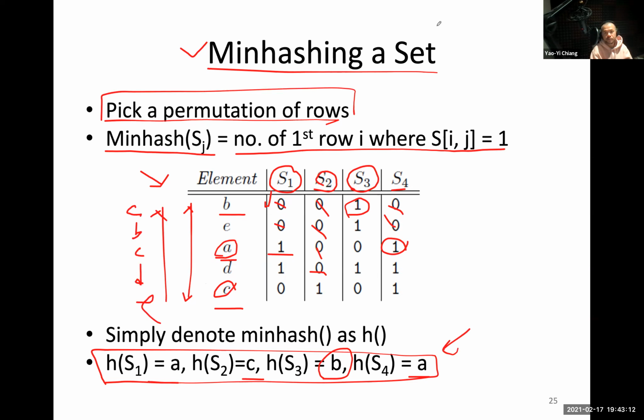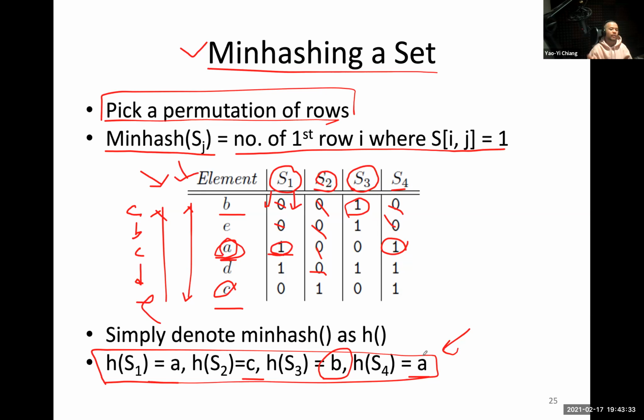Anybody? It might have a different signature, right? Because what I did was I was just scanning from the top row and I found the first one and I said this is the signature. So the order does matter.